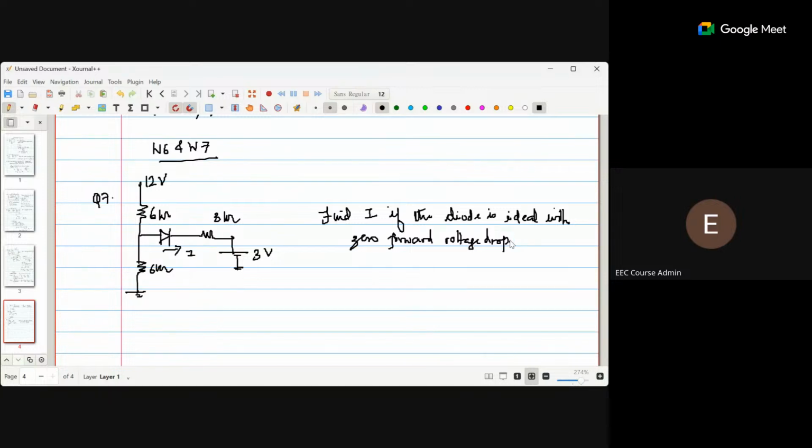Find the current I shown in the circuit if the diode is ideal with 0 forward voltage drop. One ampere.